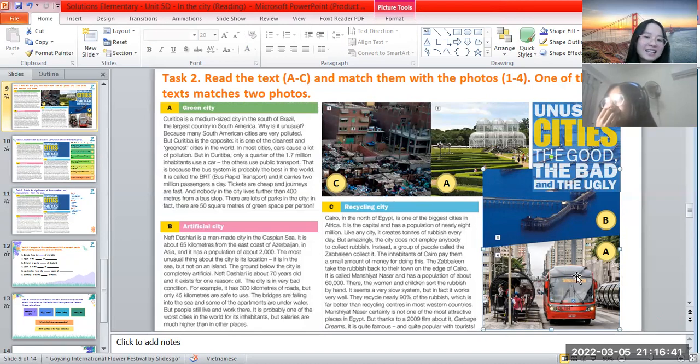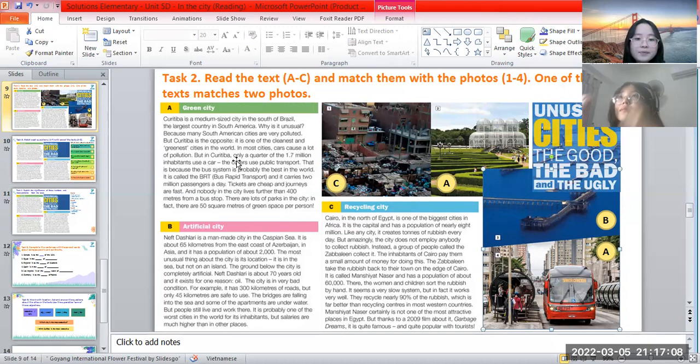So we have to read the whole sentence: inhabitants use a car, the others use public transport. So the bus and the car are public transport. And you can see here, nobody in the city lives further than 400 meters from a bus stop. And there are lots of parks in the city.